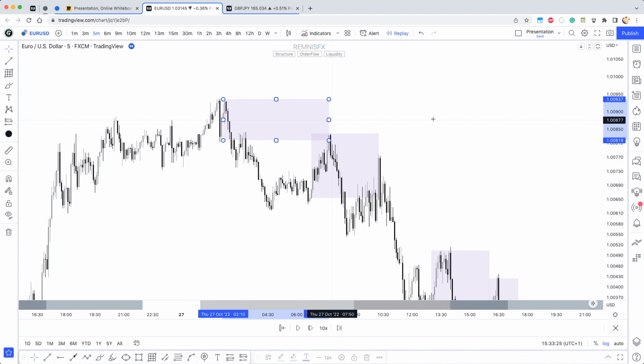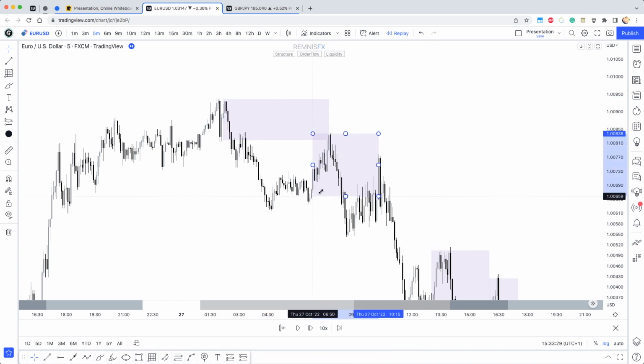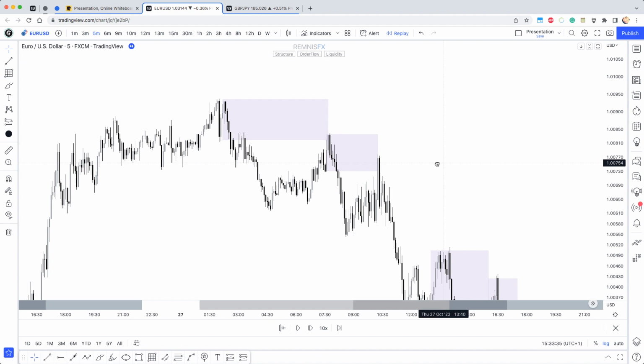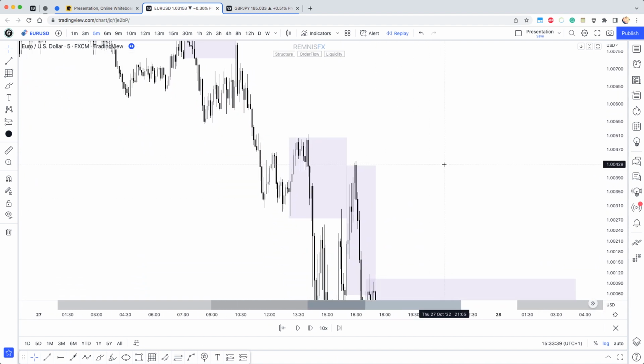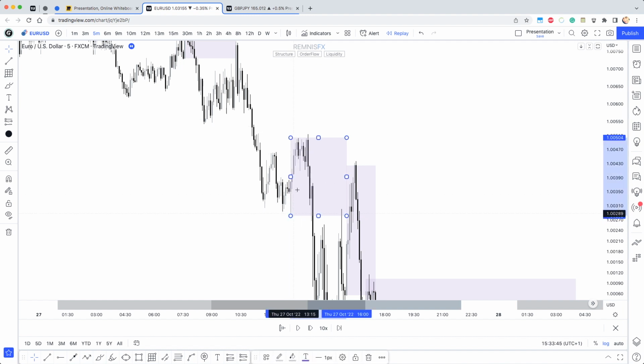Because that one eventually did tap that one, and this one was this here, right? So that could have reduced your risk a little bit. Well, this was perhaps even this one.